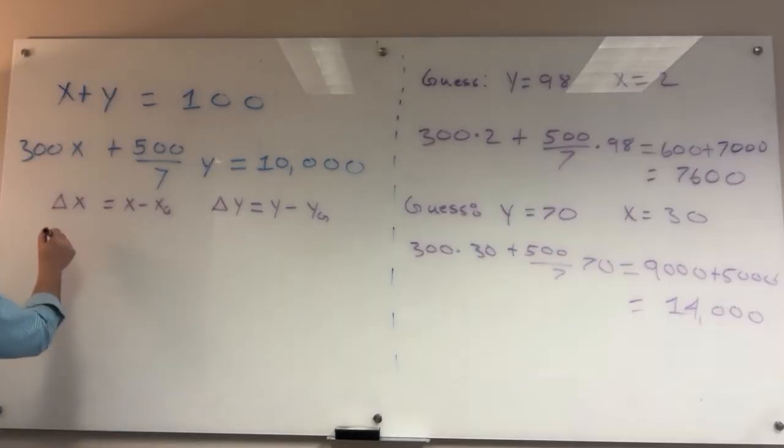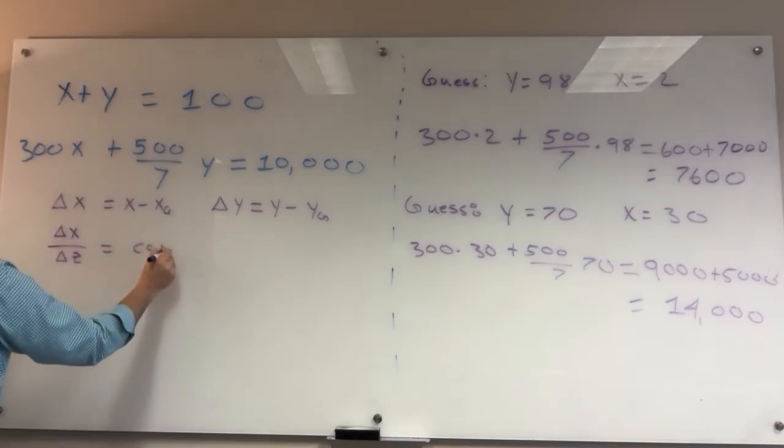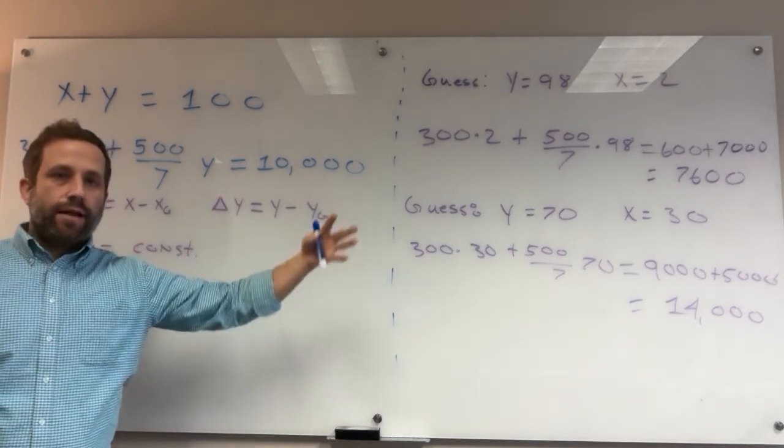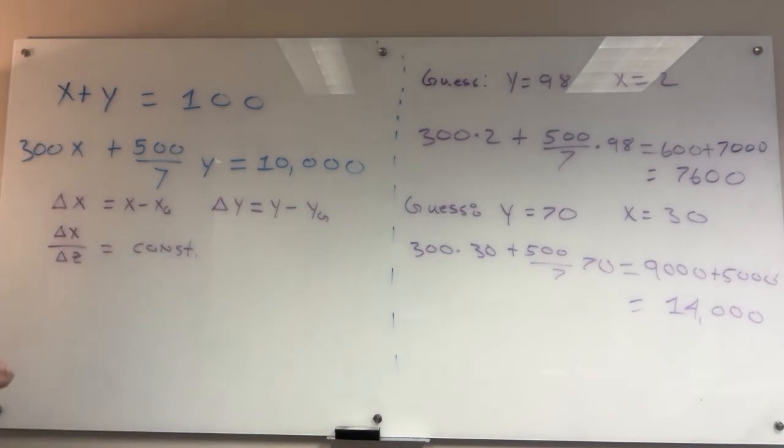So we've got delta x over delta z is equal to a constant. Now, if you look at this in the particular case where delta x is the true value of x minus a guess, and delta z is the true value of z, which is 10,000, minus whatever we get, that's how we're going to look at it here.